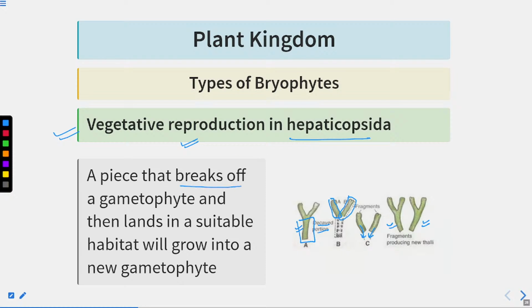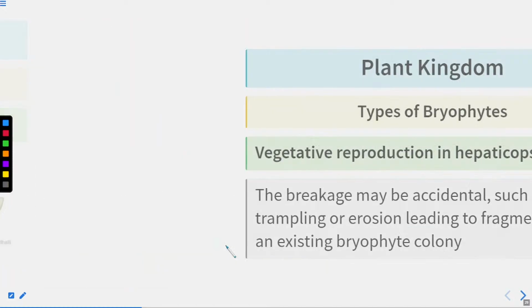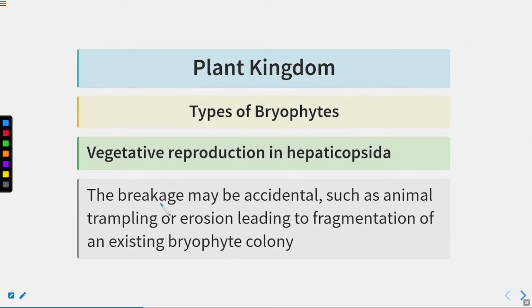A piece of the gametophyte that breaks off and then lands in a suitable habitat can grow into a new gametophyte. The breakage may be accidental, such as animal trampling or erosion leading to fragmentation of the existing bryophyte colony.